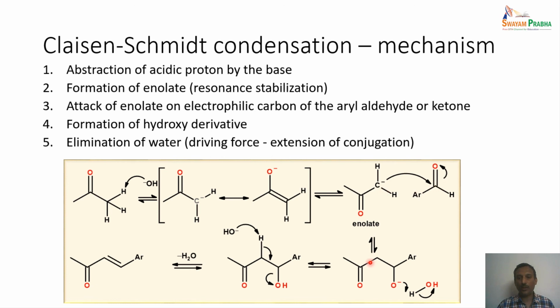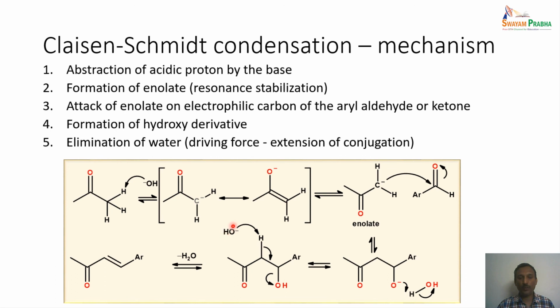This leads to the intermediate as shown here, and this is the hydroxy derivative which we were talking about. Whenever there is an aromatic system, as we mentioned earlier, it facilitates the loss of a water molecule.